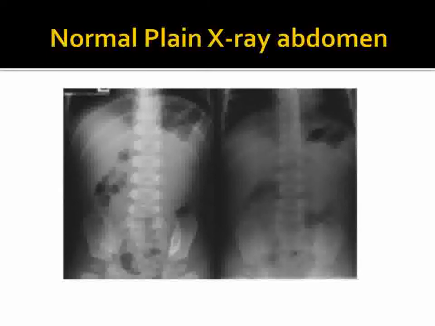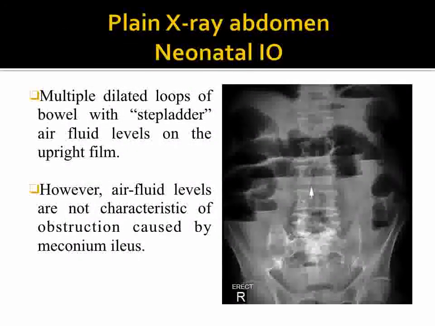In neonatal intestinal obstruction, you will find that the loops will be dilated, and there will be air fluid levels. The air fluid levels are due to the presence of air and fluid in the loop. So in the erect position, the fluid will take its level and the air will be above it. So you will find dilated loops and multiple air fluid levels.